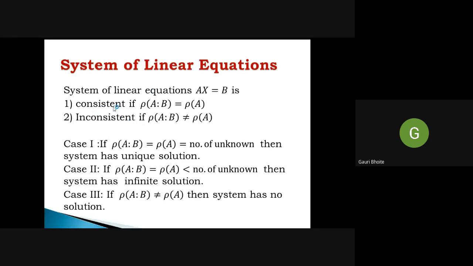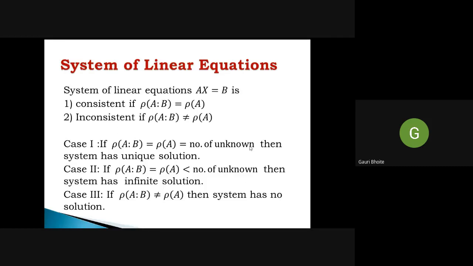Now if it is consistent, there are two cases: either it has a unique solution or infinitely many solutions. If the rank of AB is equal to the rank of A, which is the same as the number of unknowns, then the system has a unique solution.